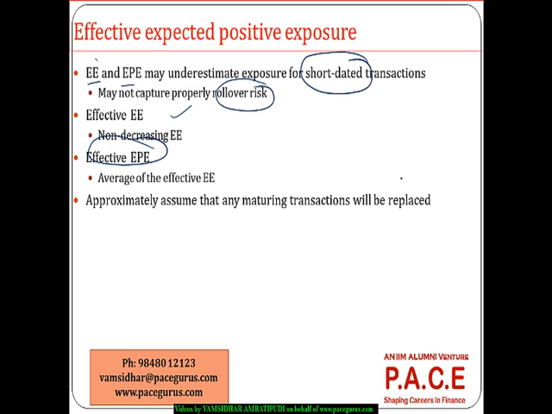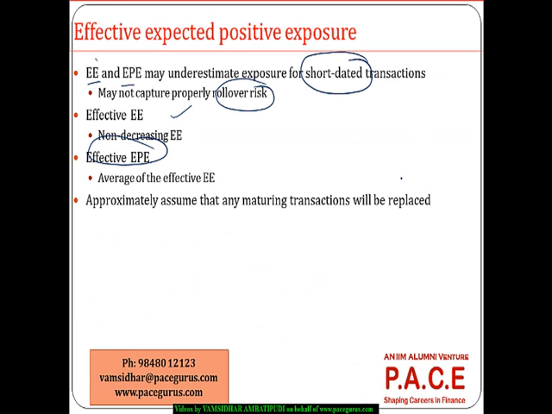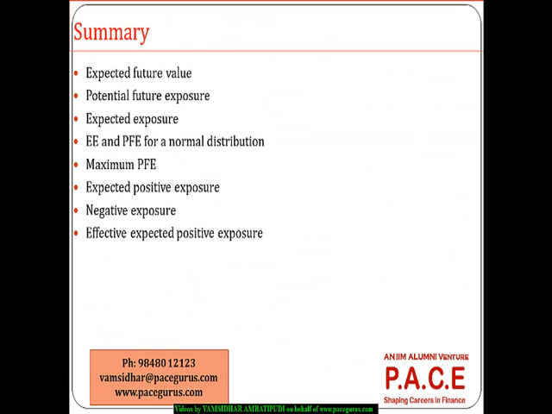We don't need to get too much into the mathematics of these calculations. Even if we are able to remember the formulas, it would be more effective. So in summary, what we have looked at here is an understanding of expected future value and potential future exposure.